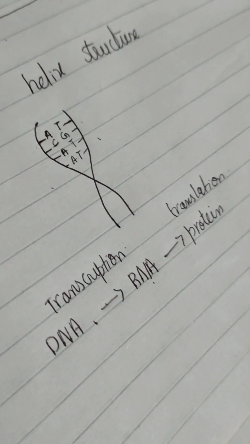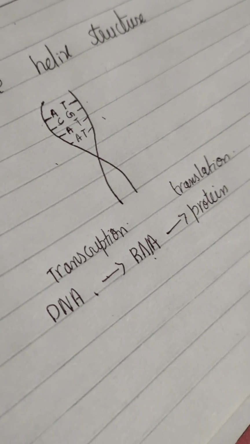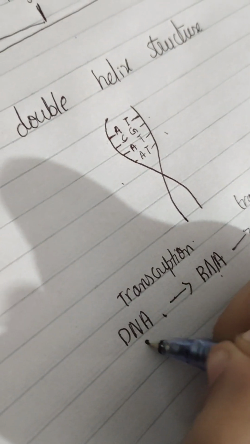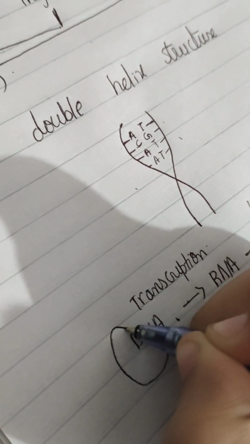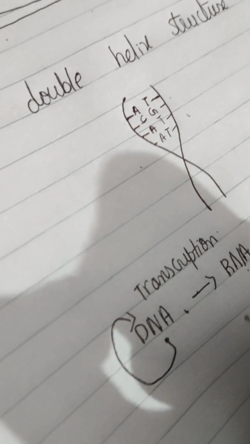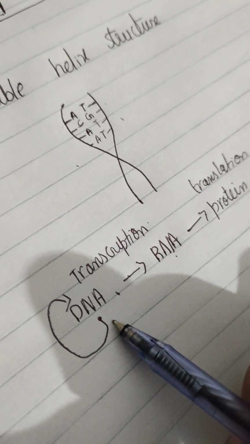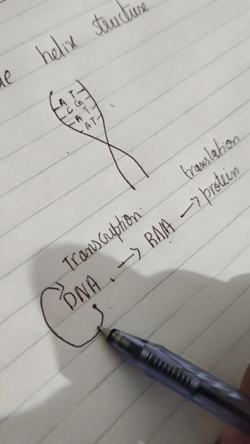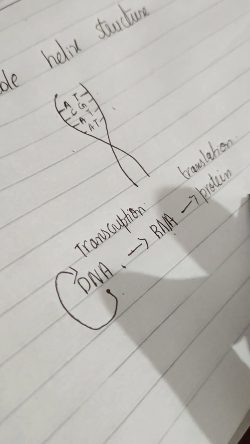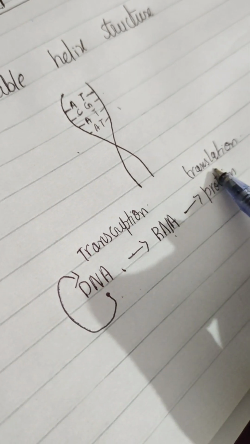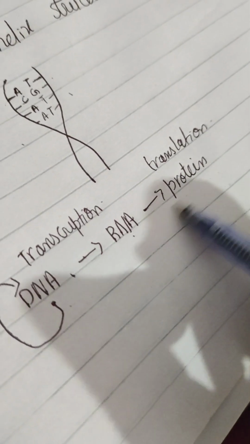So our topic is replication of DNA. Replication means the DNA forms its own copy. Here the information is being transferred: the flow of information from DNA to RNA, RNA to protein, and protein will decide how you look.